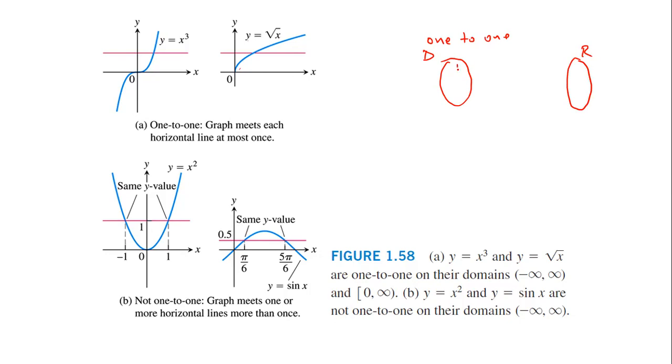So let's say I have the points 1, 2, 3, 4, and I have the points A, B, C, D. I'm going to do the mapping.